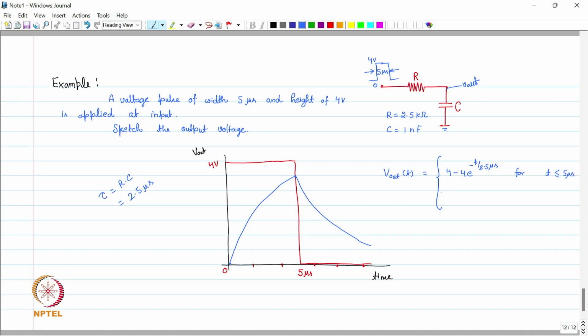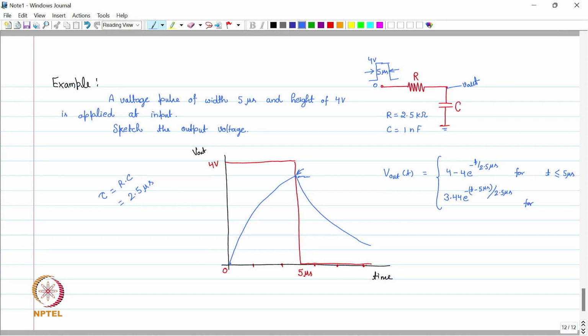And for the discharging case, the initial value on the capacitor will be this value. It's not 0, because the capacitor is initially charged. Now when it starts going down, the initial value is not 0 but this value, and we can write the output as 3.44 e to the power minus (t minus 5 microsecond) upon 2.5 microsecond.